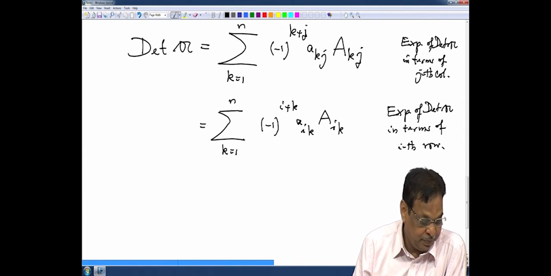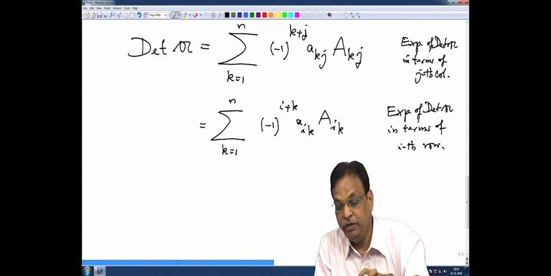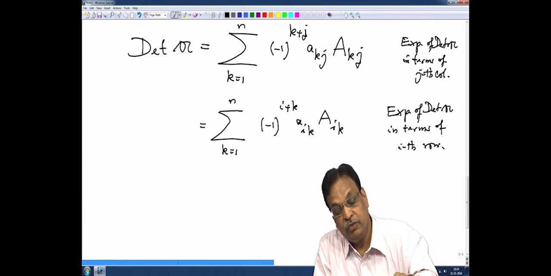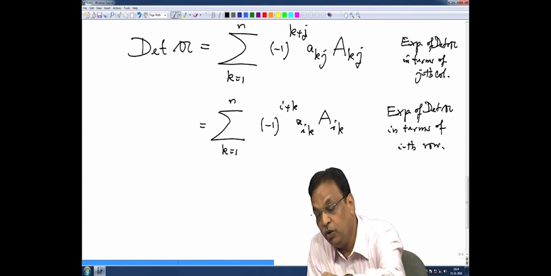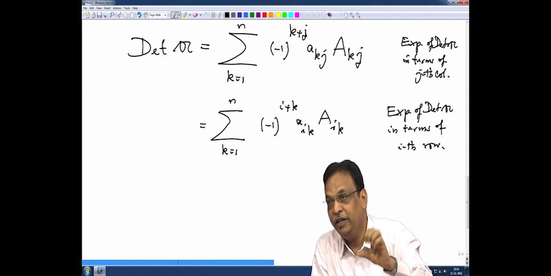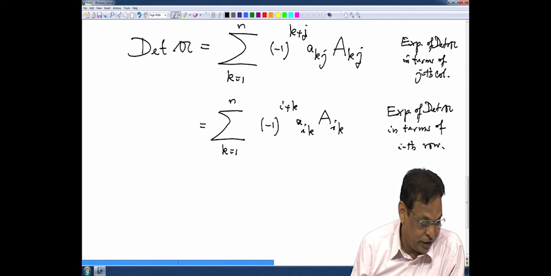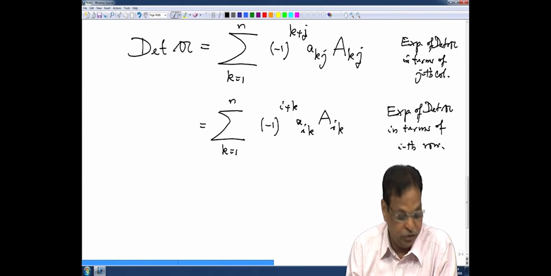Later on, if I have more time, or maybe in the next course, I will also prove expansion theorems in terms of a bunch of rows and a bunch of columns. That will also be interesting, but I do not know whether I will finish in this.